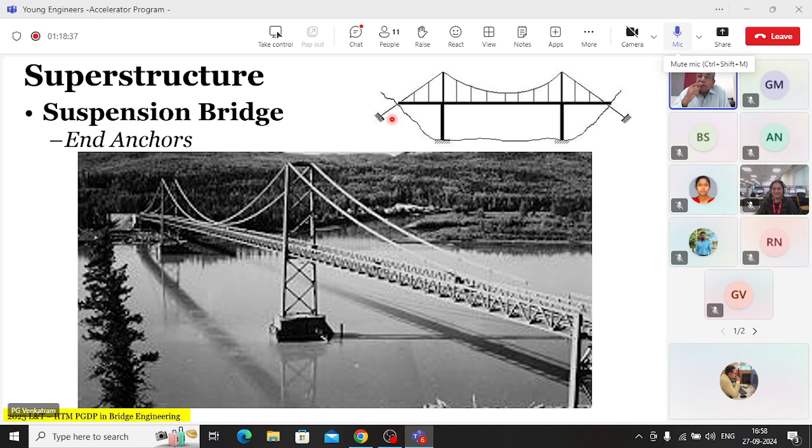Tied arch you are able to accept. Possible, not possible. There are only two choices. Yes, no. Bhadarni says possible under certain circumstances.